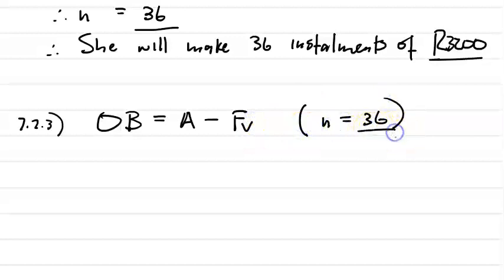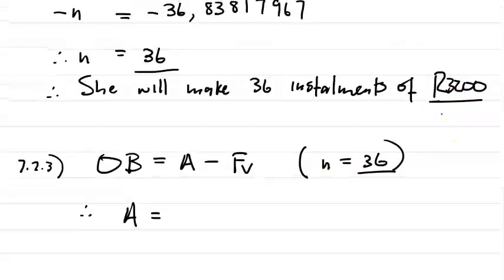That will be for 36 completed payments of 3,200 rand. And thereafter, we will be able to calculate the final payment. So therefore, let's find A. Once again, remember, to find the final payment, we have to look at how many completed installments she made. She's made 36 completed installments of 3,200 rand, and her final payment will be the 37th installment.